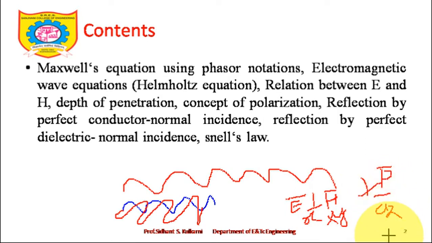Polarization is nothing but the vector, listen to me carefully now, traced by the E bar field of the electromagnetic wave. What I mean to say is, if I have an electromagnetic wave propagating in a certain direction, the direction of E bar is nothing but your polarization.